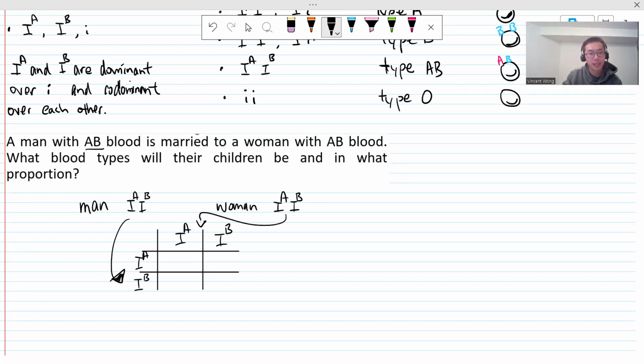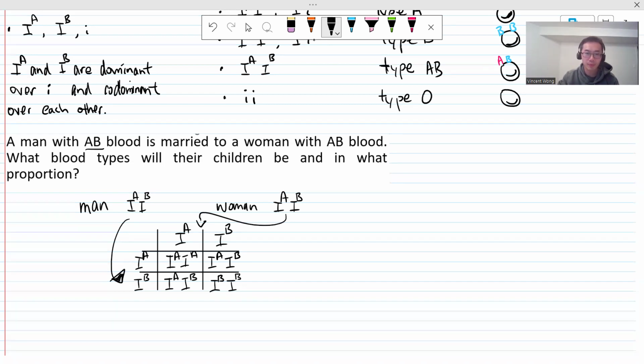And so if I finish the Punnett square, it will look like this. Okay. Again, this is not new material. I mean, the concept of blood type is new, but the Punnett square and everything, it's what you learned last semester already.